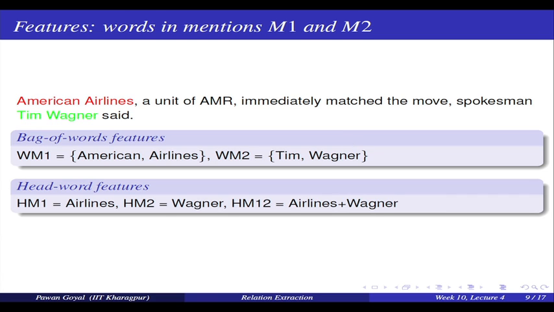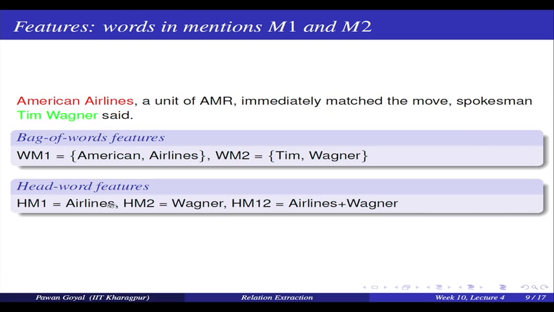I can also use the head words of these two mentions. The head word of mention 1 is Airlines, and for mention 2 it is Wagner. And you can also use the head word of mention 1 plus 2, Airlines plus Wagner. Why are you using this kind of head word feature?